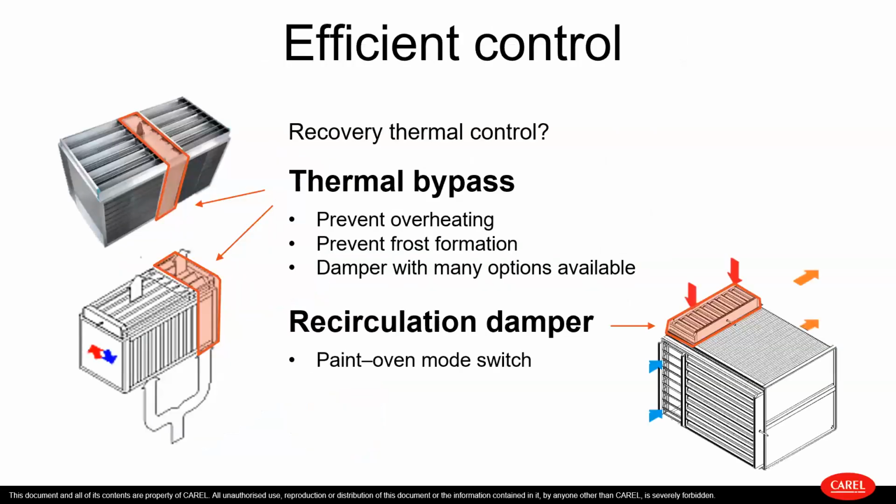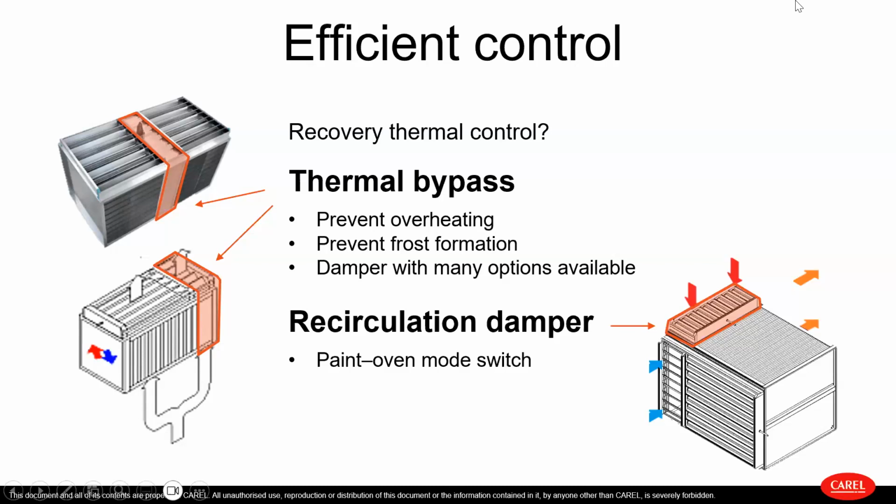The plate exchanger is a heat recovery component, as said, but in some conditions, for example where the heat gains inside the chamber are high, or outside it's really cold and you can have condensation in the heat exchanger and therefore a risk of frosting, you can have a thermal bypass.